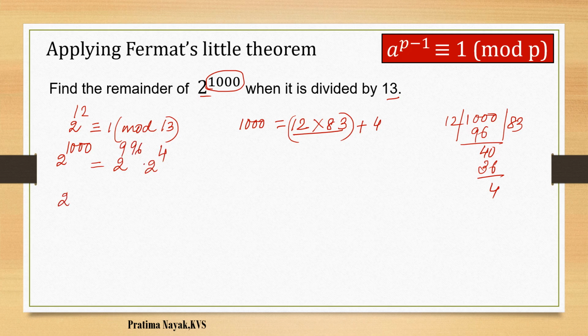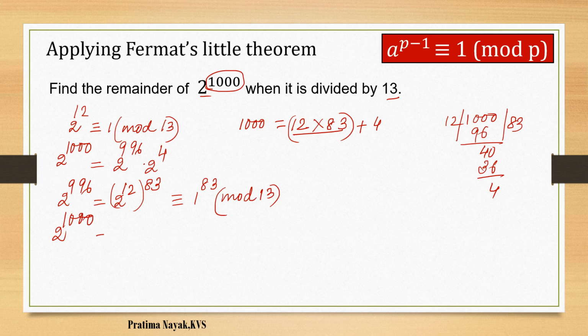2 to the power 996 is 2 to the power 12, to the power 83, which will be congruent to 1 raised to the power 83 modulo 13. So 2 raised to the power 1000 can be written as 1 into 16 modulo 13, because 1 raised to the 83 is again 1.